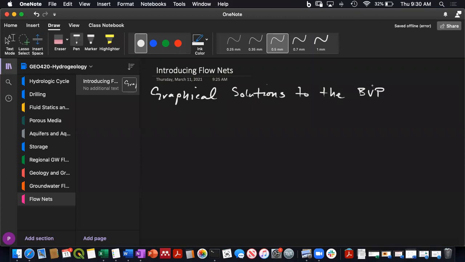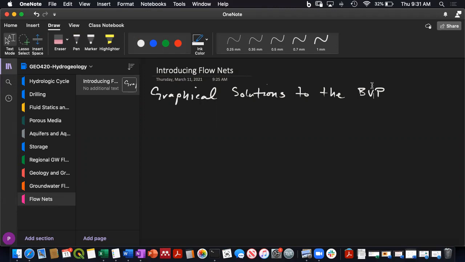All right, and they do two things. They're going to help us develop intuition for what groundwater flow systems look like, and how they behave and how they respond. But they also, under the right conditions, allow us to make quantitative calculations of the amount of groundwater flow, the head at certain sites.